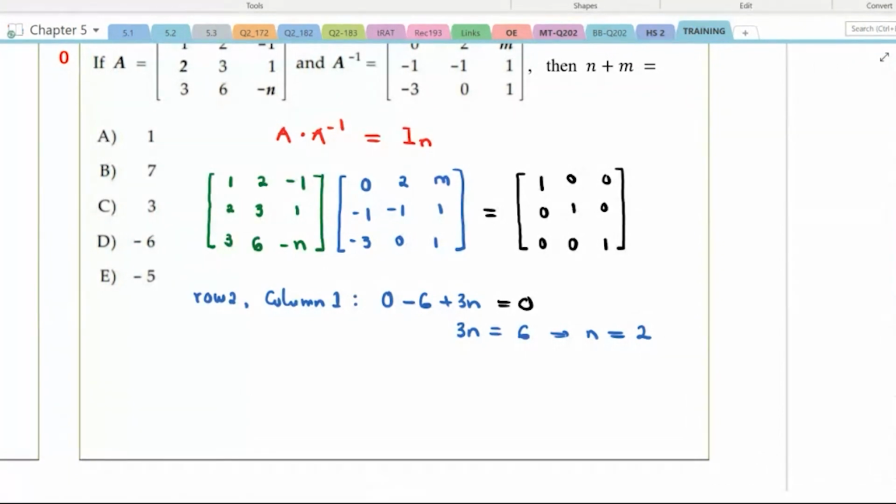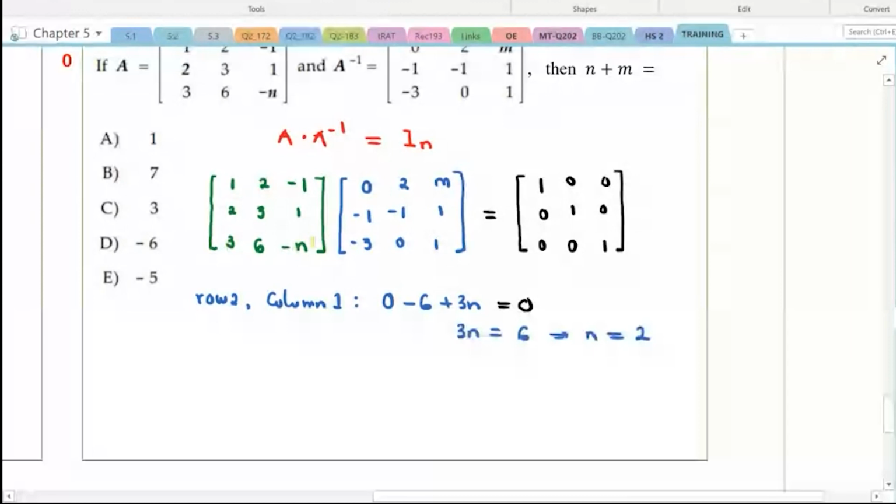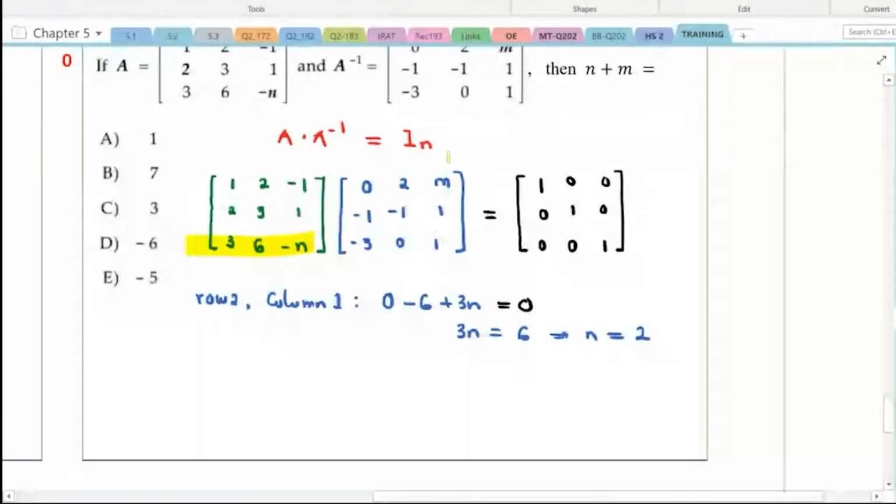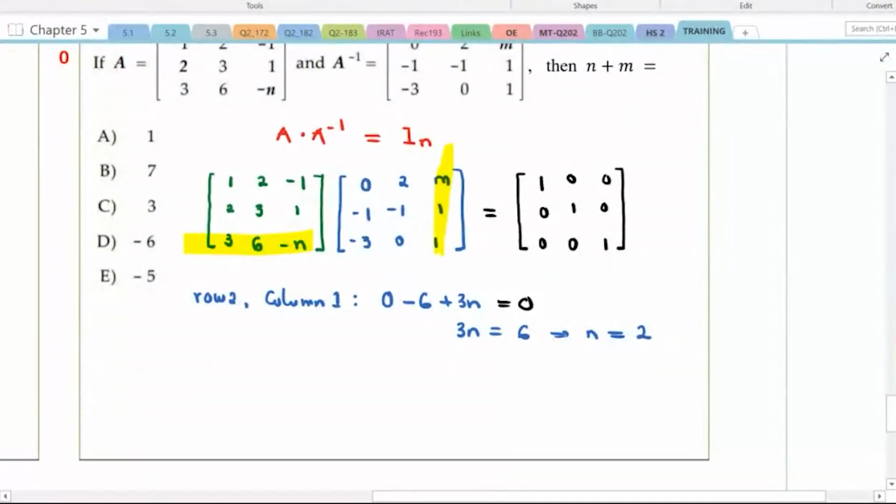You can decide to use again row number 3 against column number 3. That is fine, because I already know n. I can do that. But the problem is, what if you have made a mistake in finding n? That means you are going to repeat the same mistake in finding m.